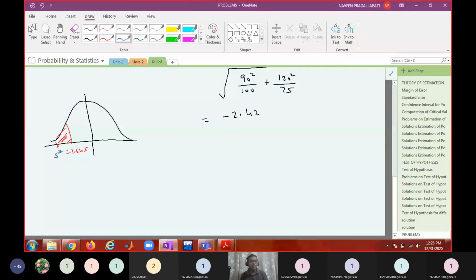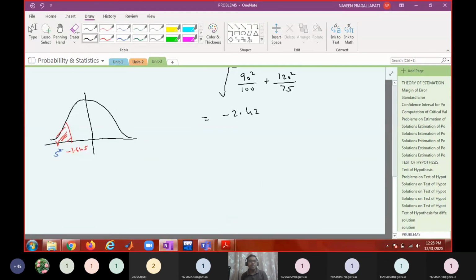Minus 2.42 is less than minus 1.645. So what is your decision? Since minus 2.42 is less than minus 1.645, this implies that S star is less than minus Z alpha critical value. So what is your conclusion?